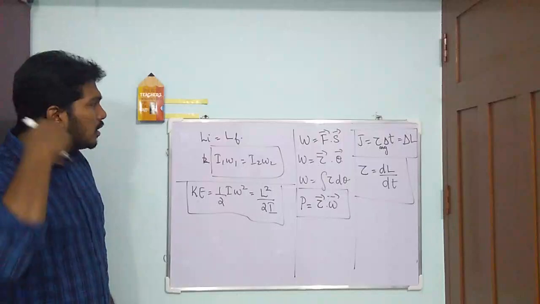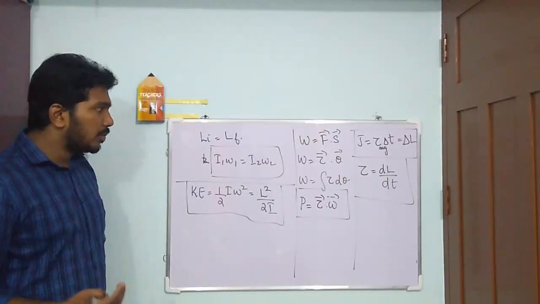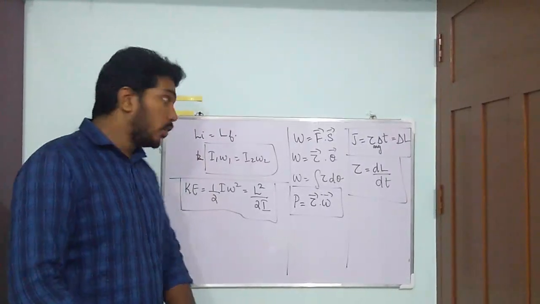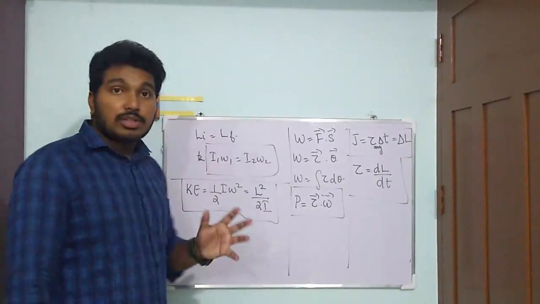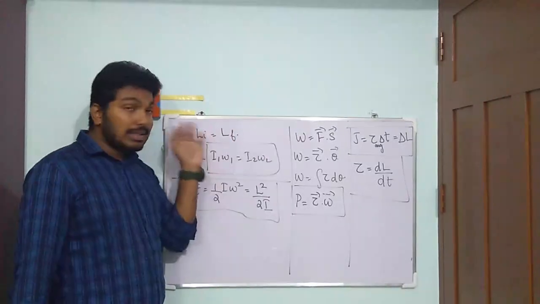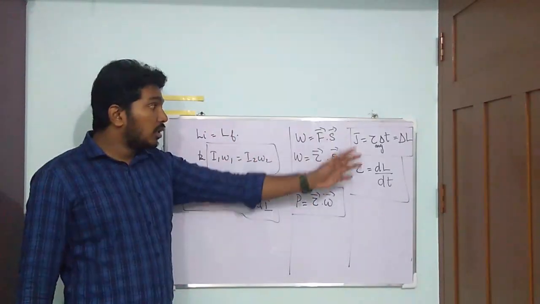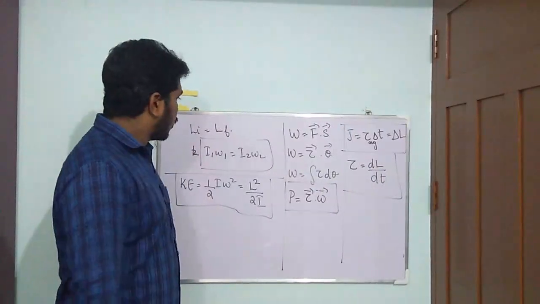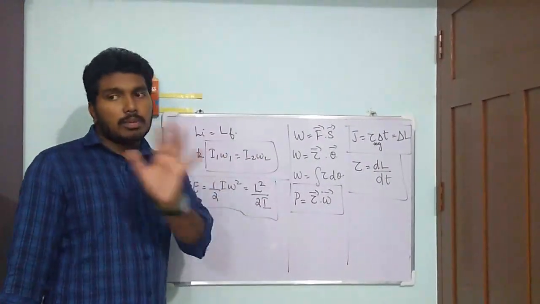So for all the equations that we have learned in work, energy, power and in linear motion, we can write the corresponding analogous equation here. Remember the equations for work done, torque, impulse and everything. These are the main short equations you have to remember.